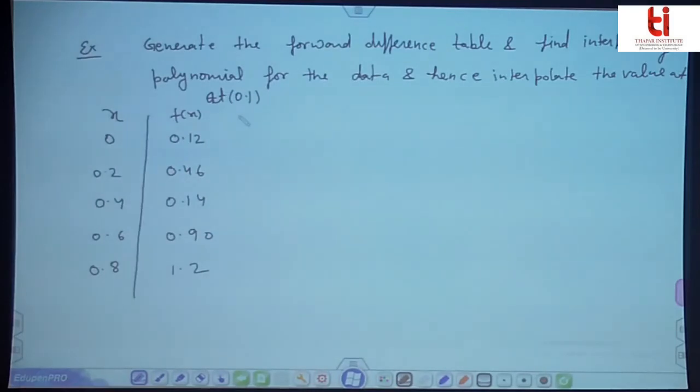Now form the forward difference table. Forward table: 0.46 minus 0.12 is 0.34.